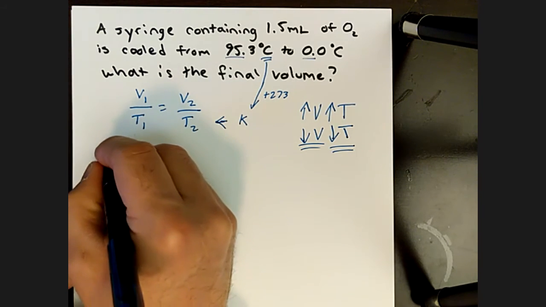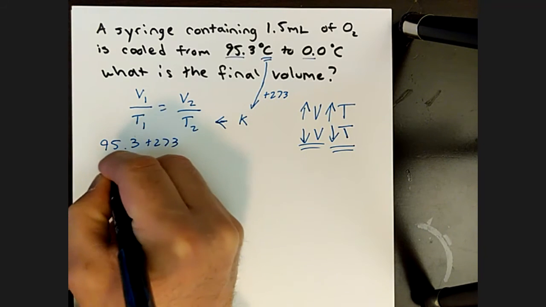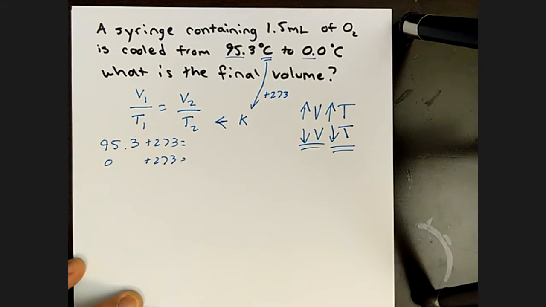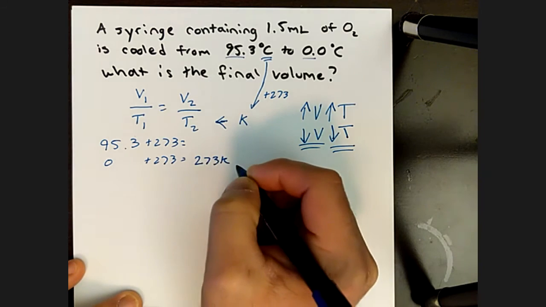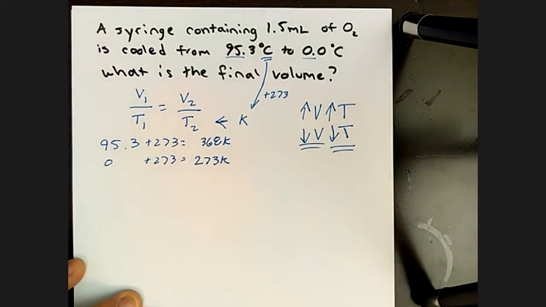So again, our initial considerations have to be in the temperature range. You have to convert both of those to Kelvin, so 273 Kelvin, and then it comes out as 368 Kelvin.